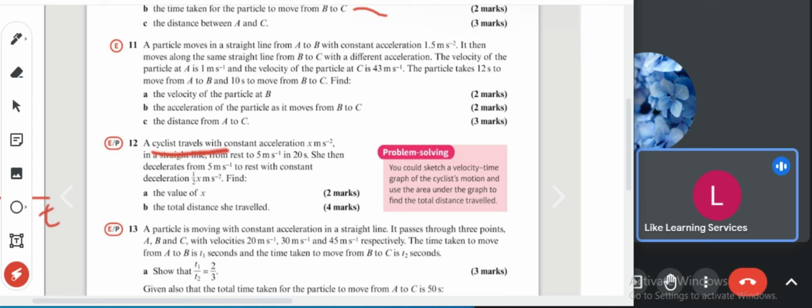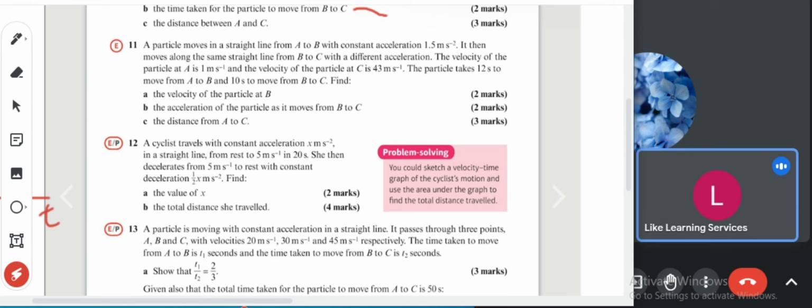A cyclist travels with constant acceleration of x meters per second squared in a straight line. I think you need to find x. That was what I just said. Oh, okay. Yeah, when you find x, you can easily. And I said it's like finding x as 5 over 20. Yes, please.